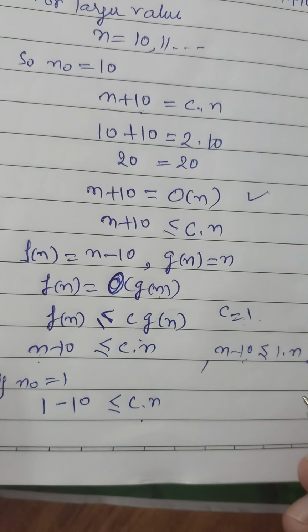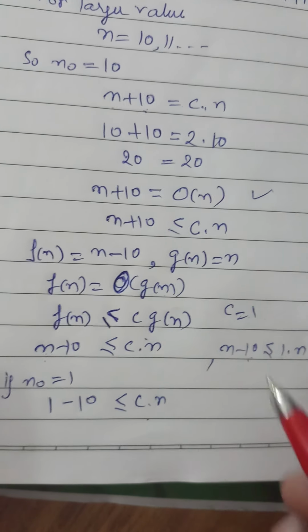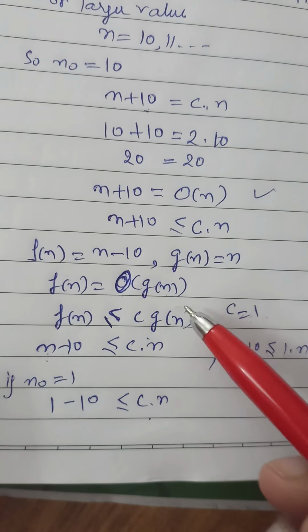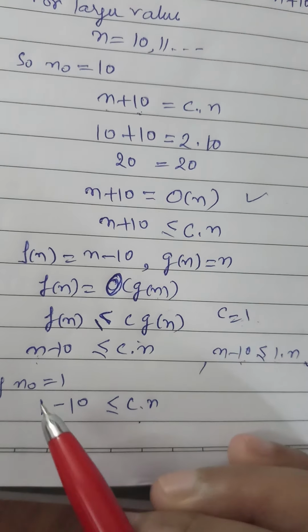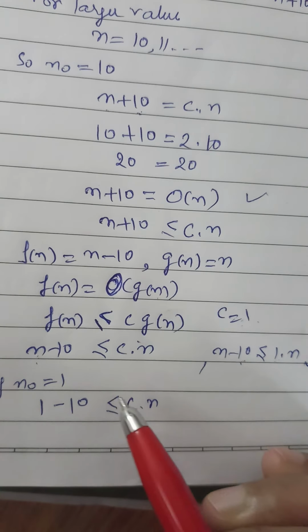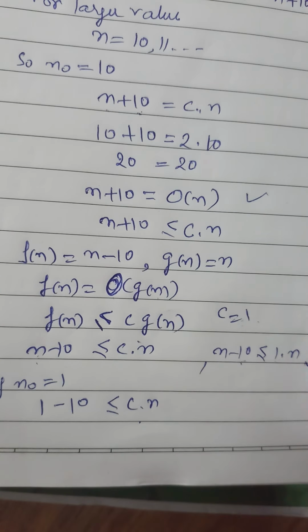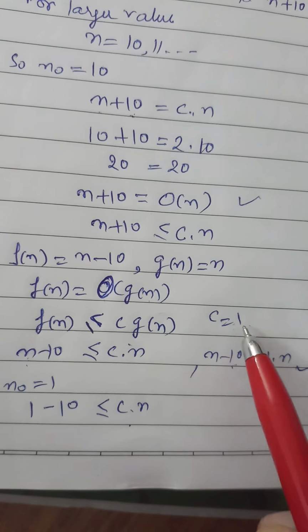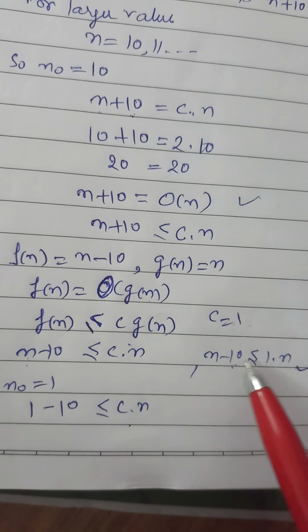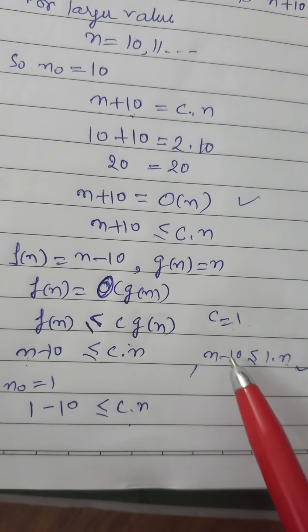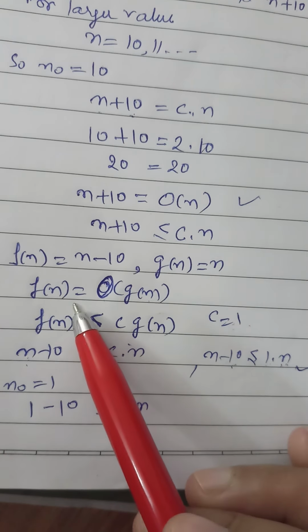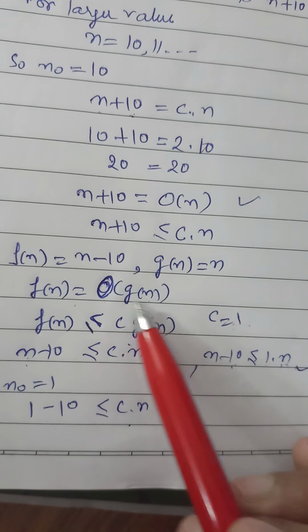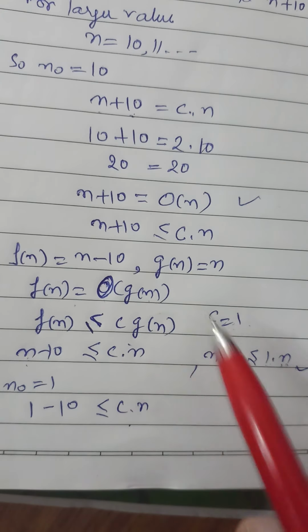So in that way we can prove whether it is order of G(n) or not, by putting the n naught value or the c value.